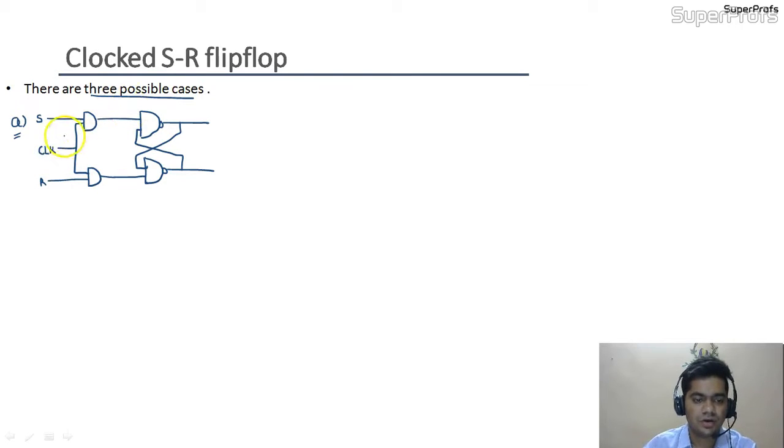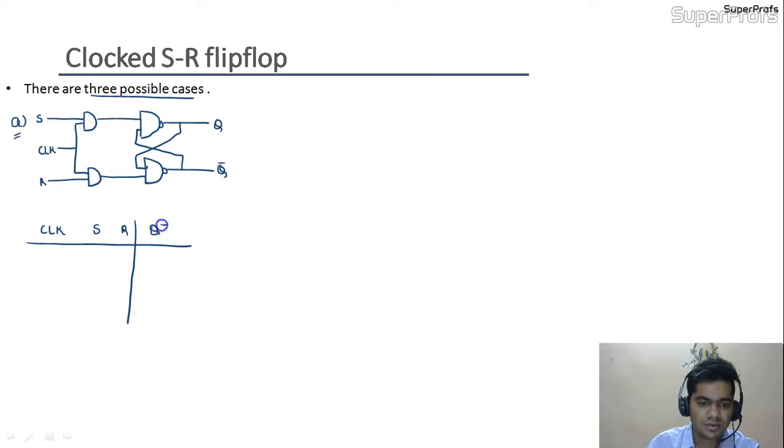Now as the clock pulse is present, it controls the working of this flip-flop. How? By making the truth table we can understand. As there are 3 inputs, that is clock, S and R, we are writing the outputs for all the possible cases. Suppose the clock input is at 0 level.